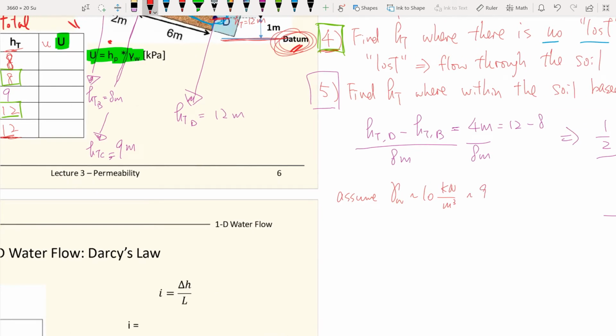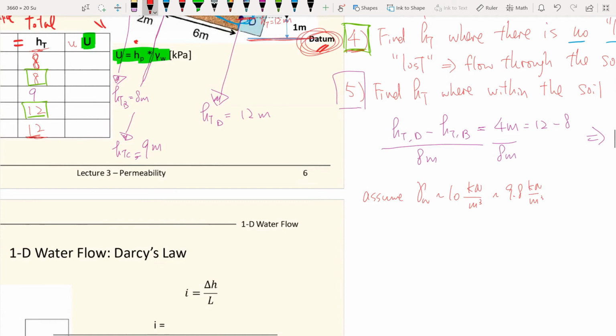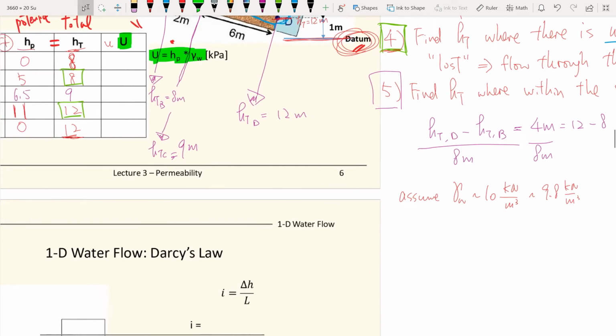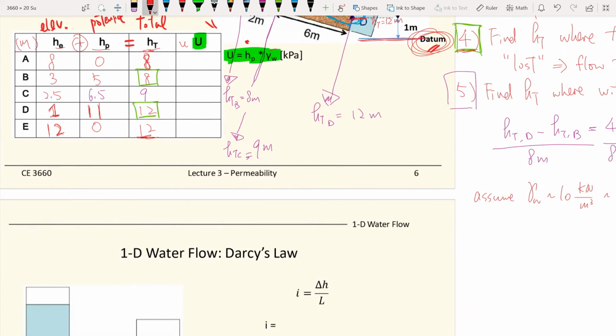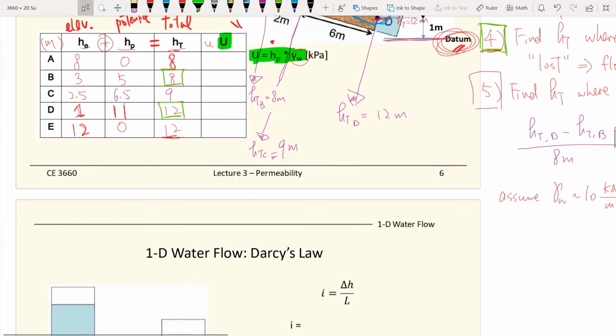It should be 9.8 to be more precise, but for quick calculations in the field, you can assume it to be 10. So now this is 10 kilonewtons per meter cubed, and now you know the potential head, then you can find out the water pressure quickly.